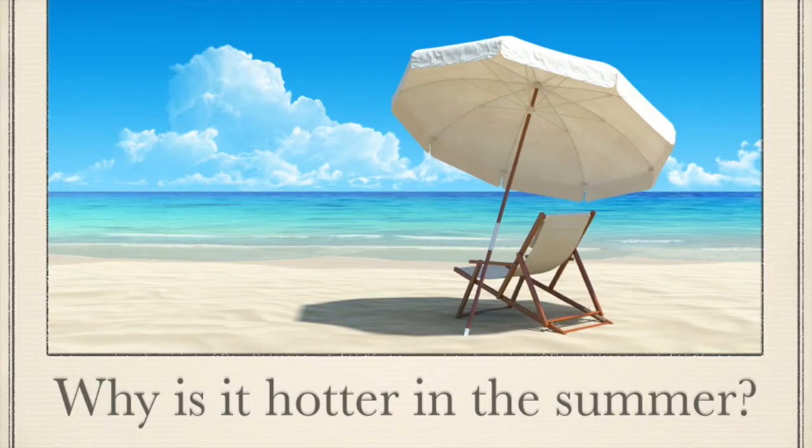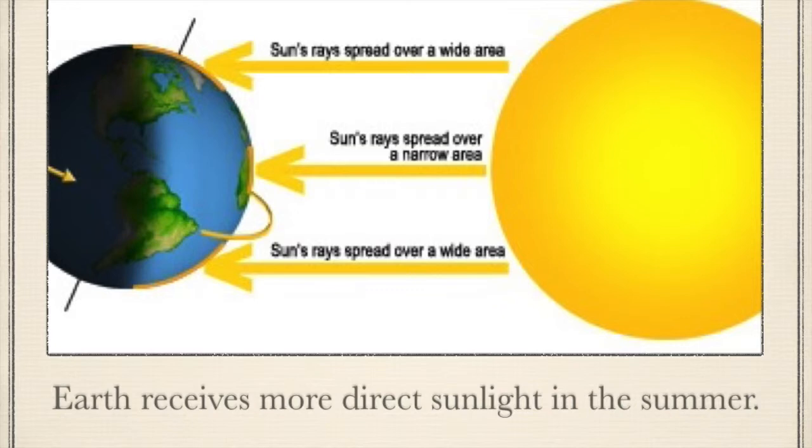The third and final guiding question states, why is it hotter in the summer? Well, the explanation is fairly simple: in the summer we are experiencing more direct sunlight. And that is simply my claim, that as the Earth is tilted towards the sun, it is garnering more direct sunlight.